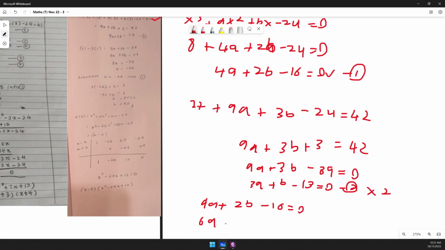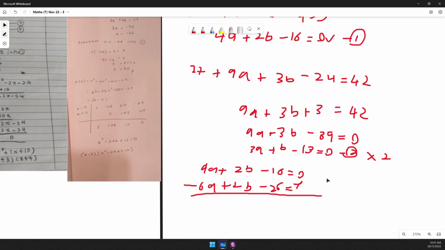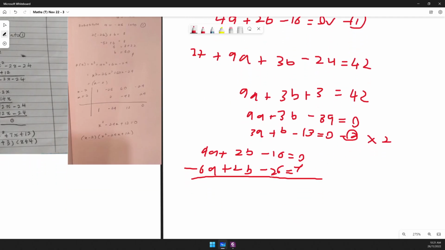Then the first equation is 4a plus 2b minus 16 equals 0. So you subtract one from the other. The b terms are completely gone. Then 6a minus 4a is 2a, and minus 26 minus 16 is 10, so 2a equals 10, a equals 5.